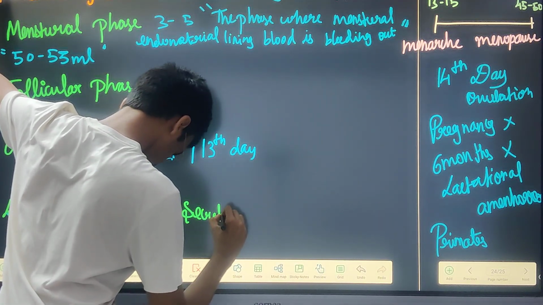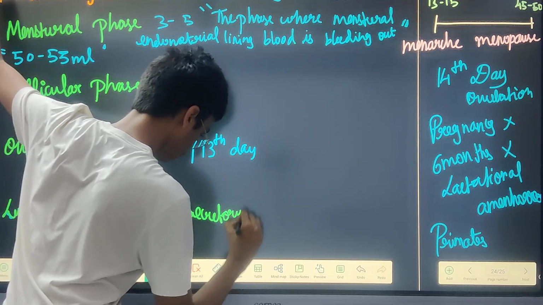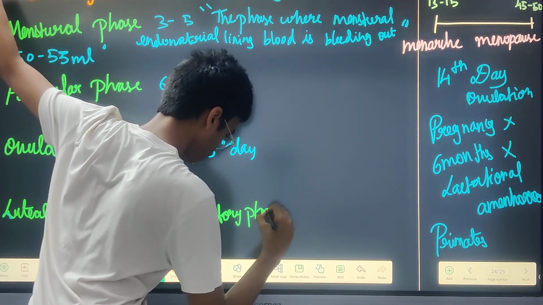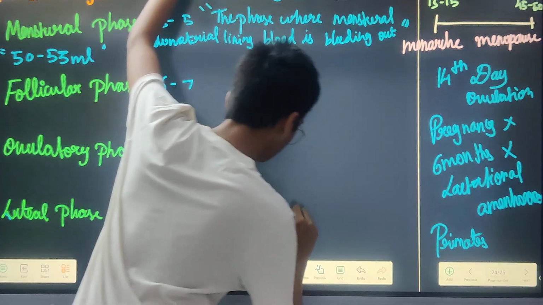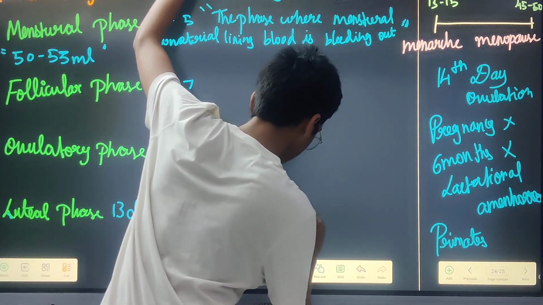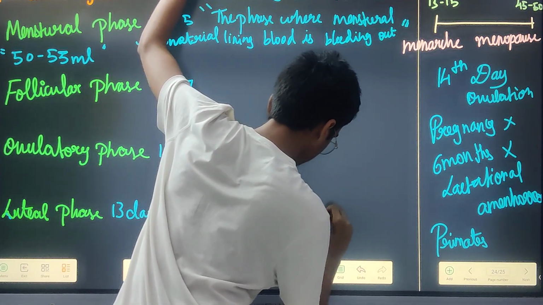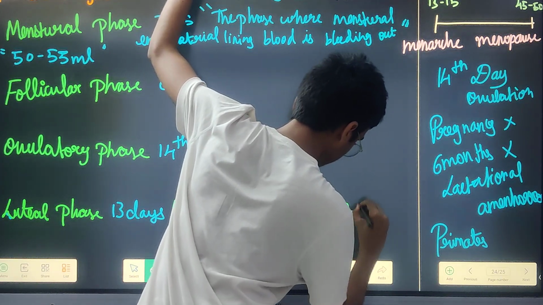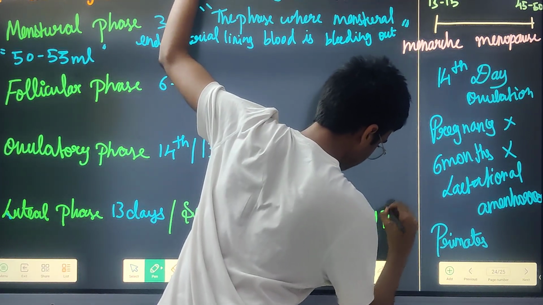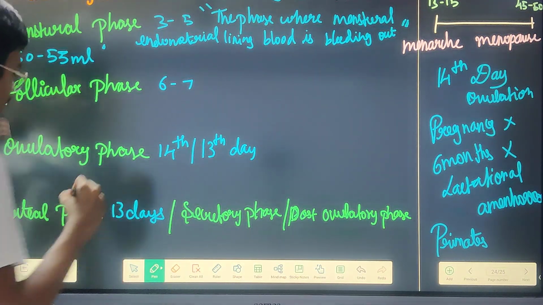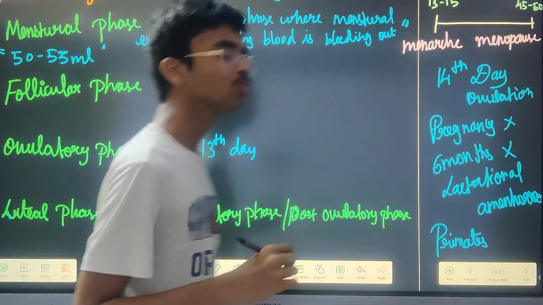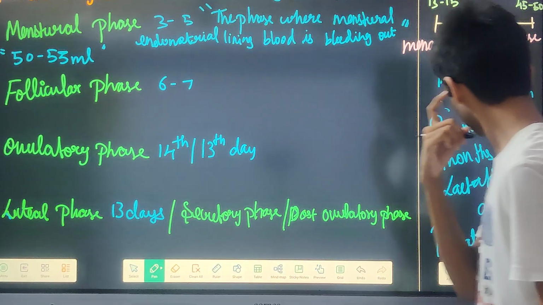The secretory phase, which is long, is also known as the post-ovulatory phase. Then these two are known as the pre-ovulatory phase.